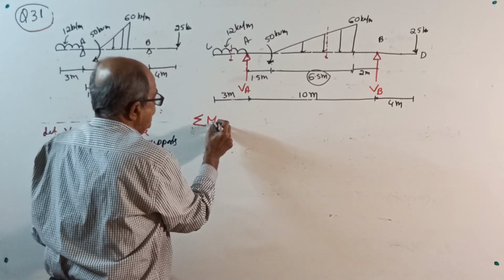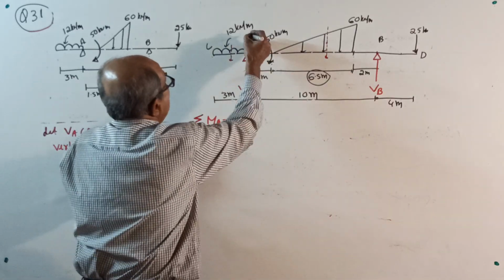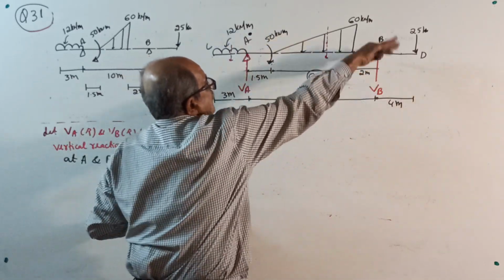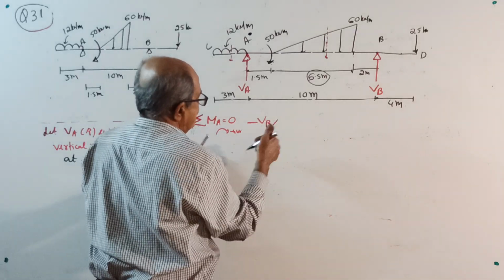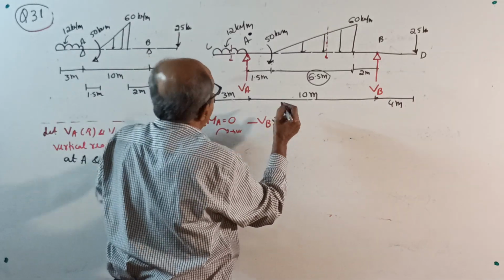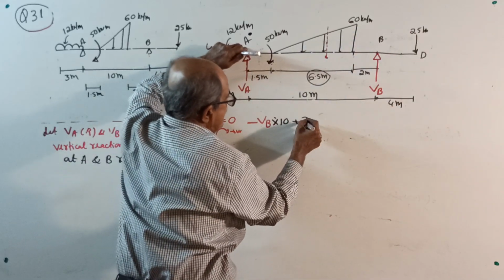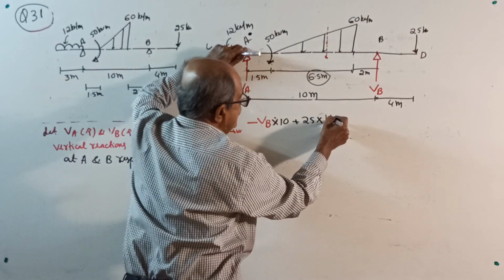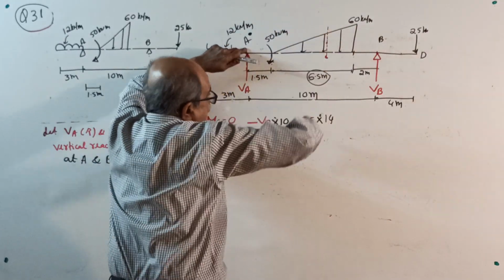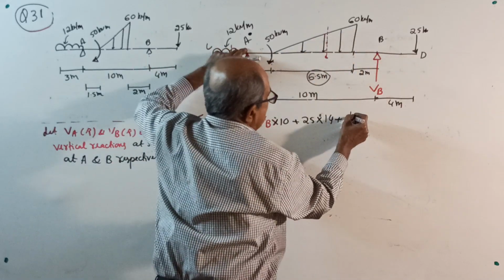Sigma M about A equals 0, clockwise positive. Moment point is A. Minus VB into 10. Plus 25 into 14. Every load into distance, you should practice that way. Then plus clockwise moment of this load.